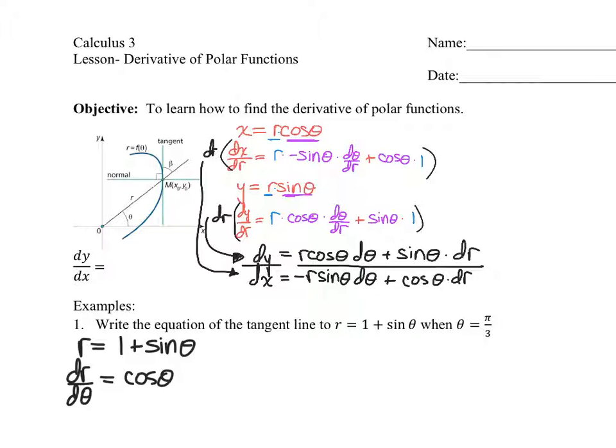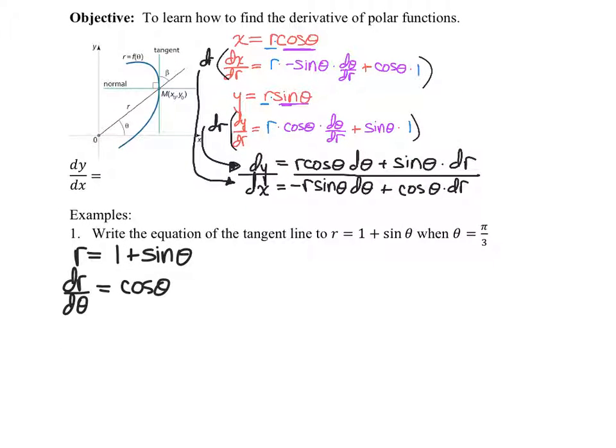So I could figure out dr d theta when theta is equal to pi over 3. That would be cosine of pi over 3, which, based on knowledge of the unit circle, is going to be 1/2. All right, so I have that part of it.